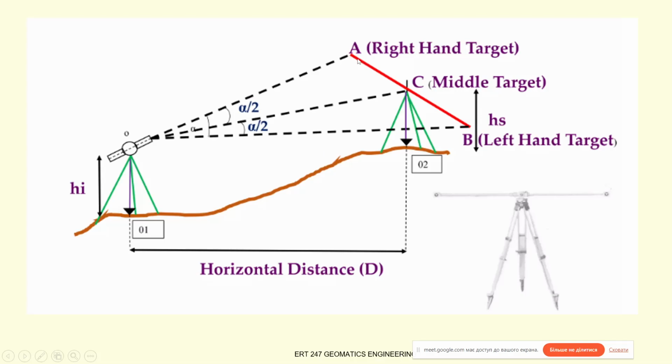So we can take the readings of the right hand target, middle target, and left hand target. And then using trigonometric formulas, we can calculate the horizontal distance.